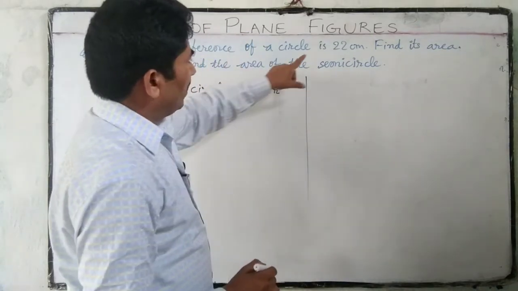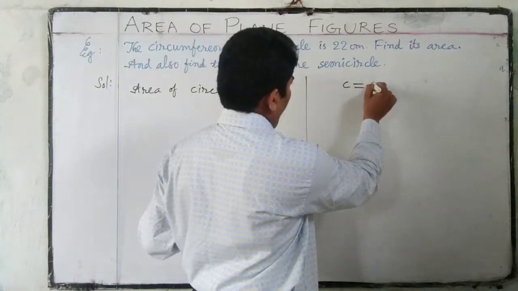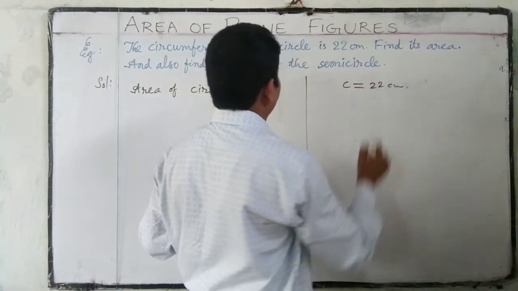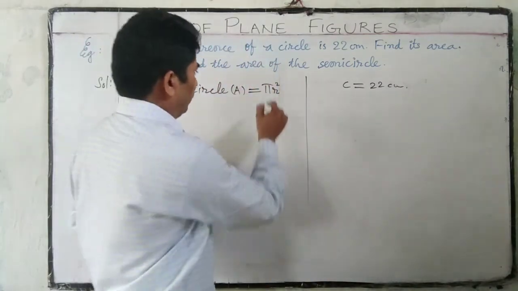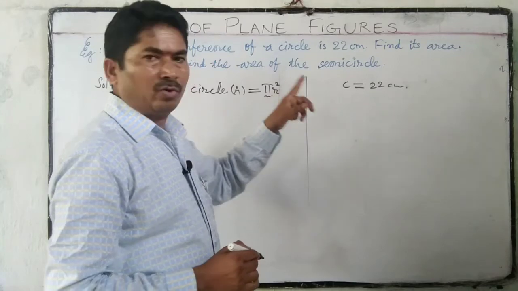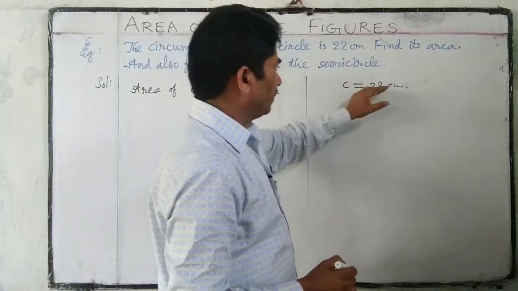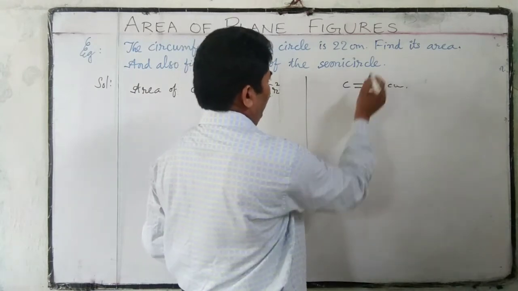But in this, what is given we have to observe. Circumference is given, 22 centimeters. In this we know the constant 22/7, but we don't know our radius. That's why we can solve radius from this given value.